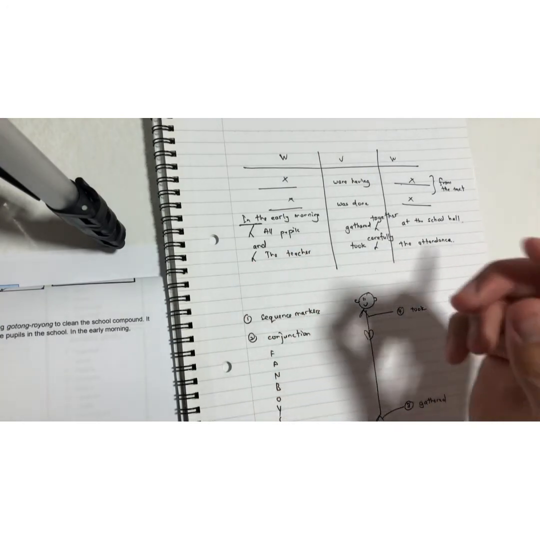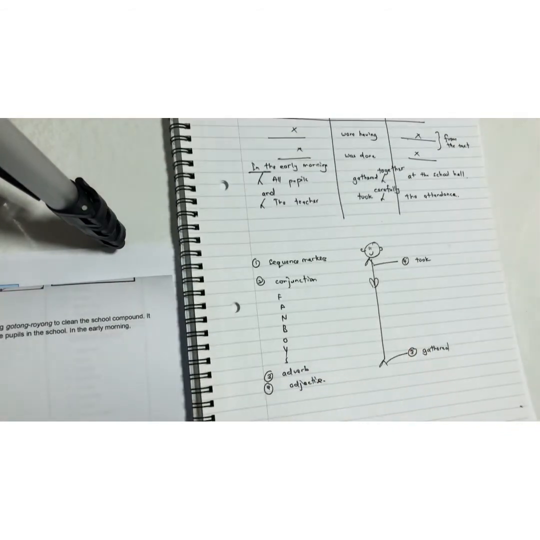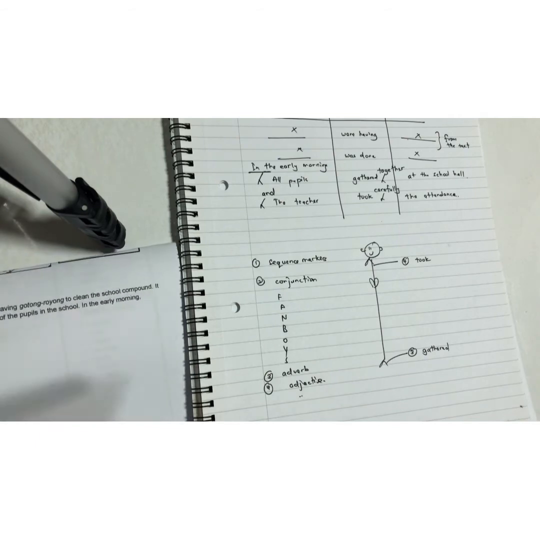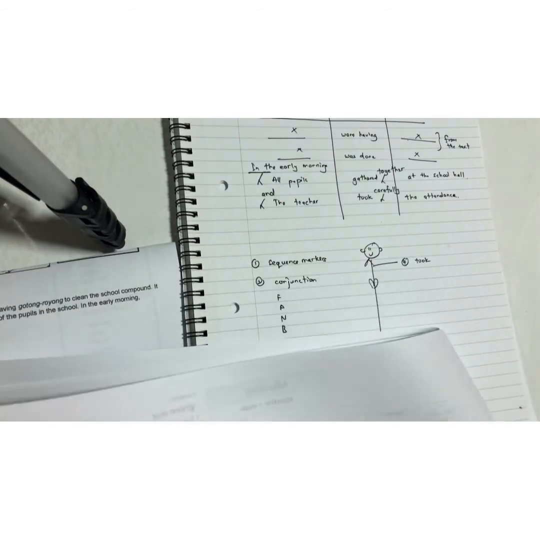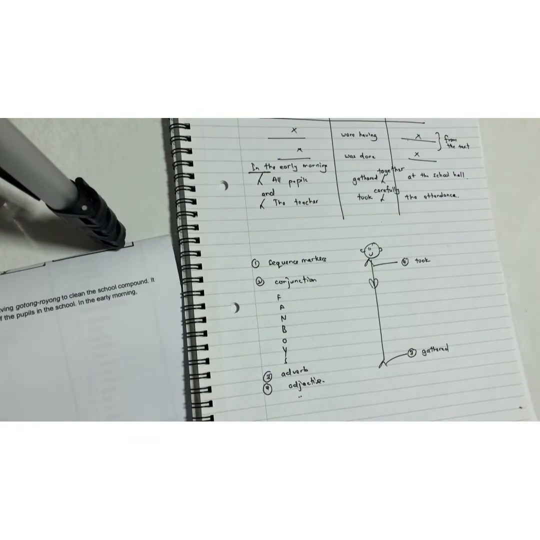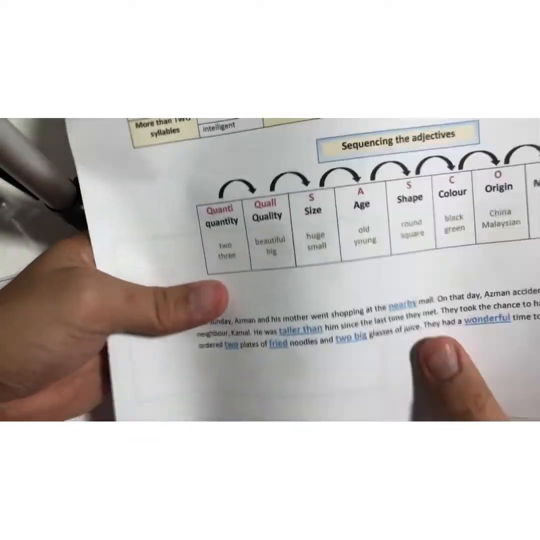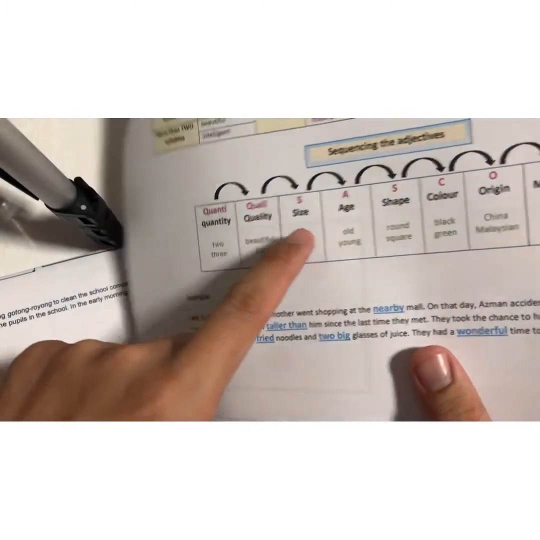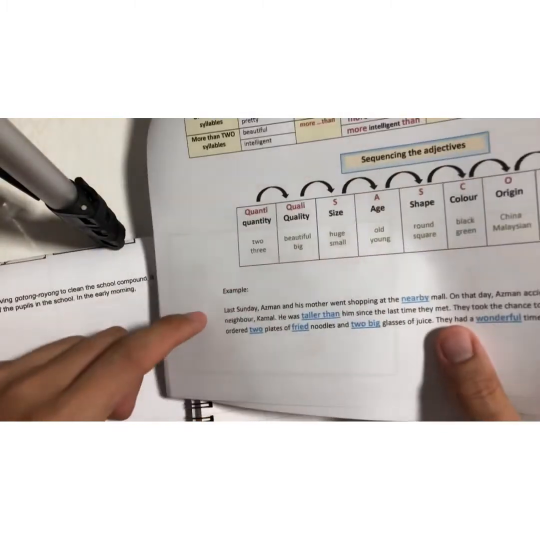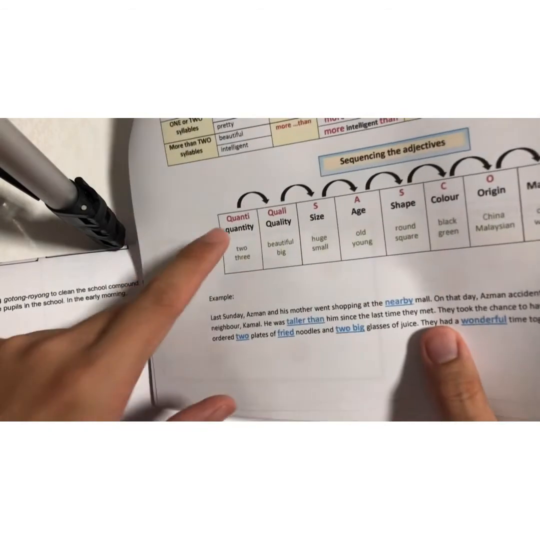Alright, so there's another one I mentioned just now. You can add adjective. What is adjective? Adjective adalah kata sifat. In bahasa, we call it kata sifat. For English, you can find a lot of examples of adjective. So in my formula, you can find this formula quanti, quali, sus, com. So all these are the types of adjective. What is quanti?